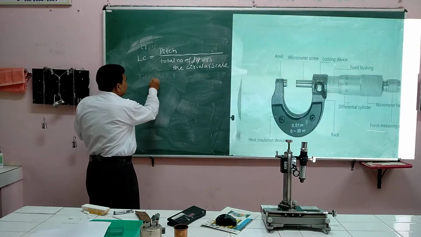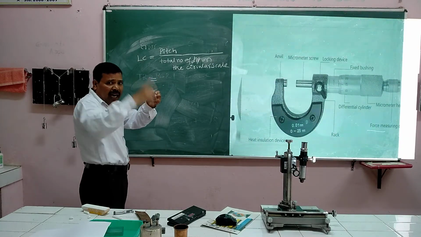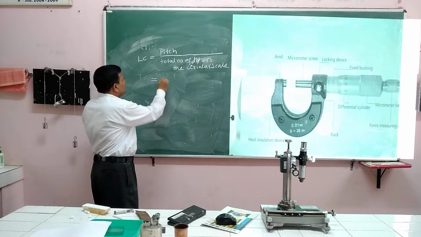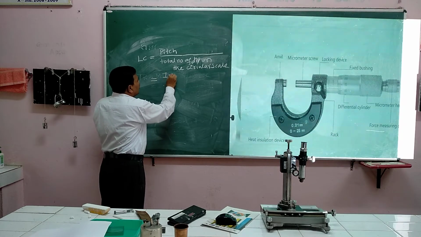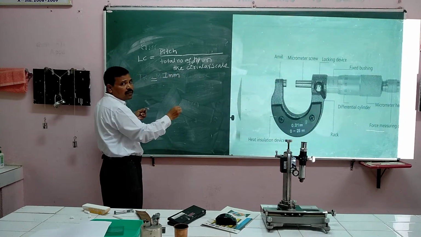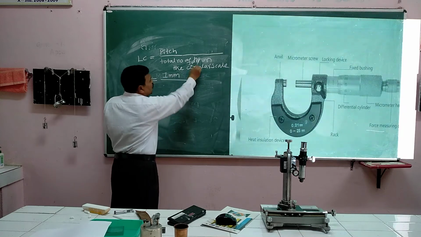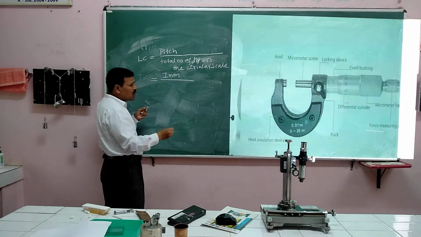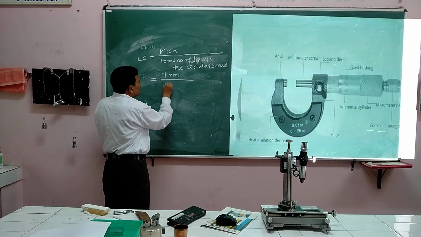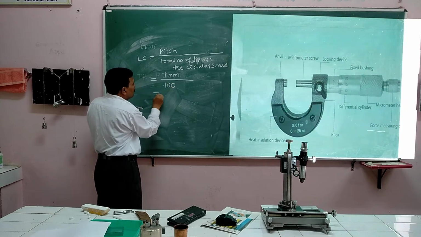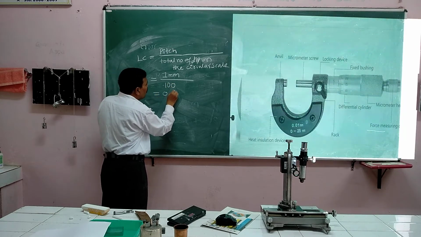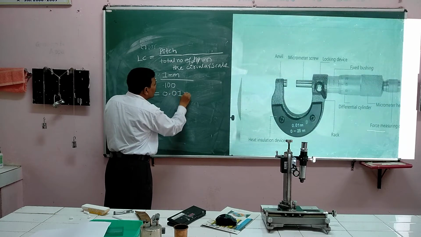So that is, in 100 circular divisions, it is 1 millimeter divided by the total number of divisions on the circular scale, 100. Therefore, it is 0.01 mm.